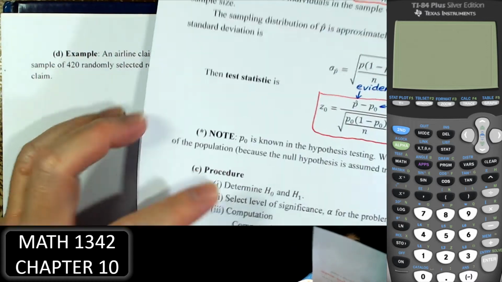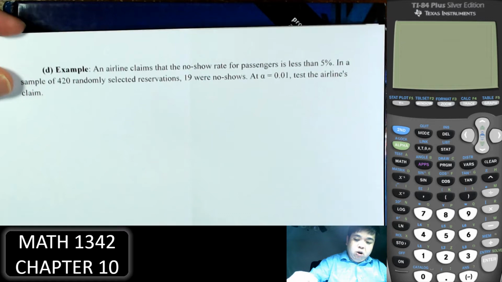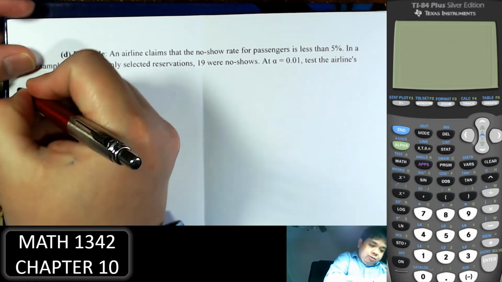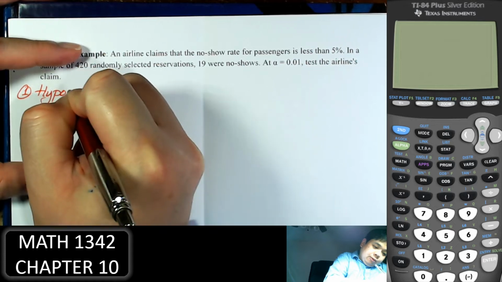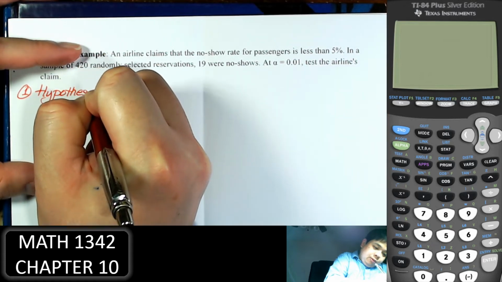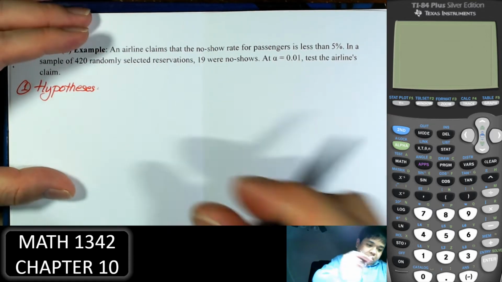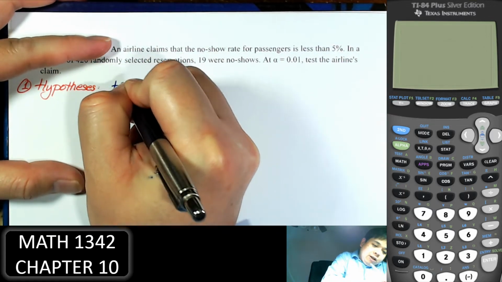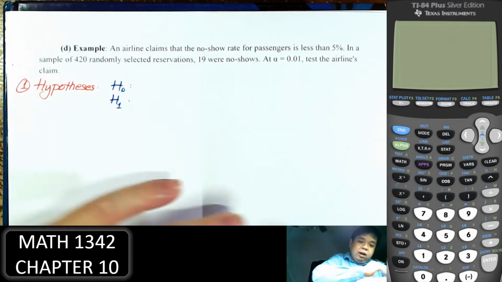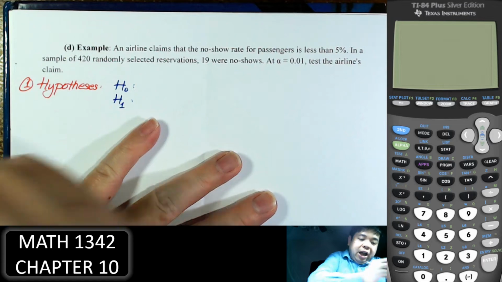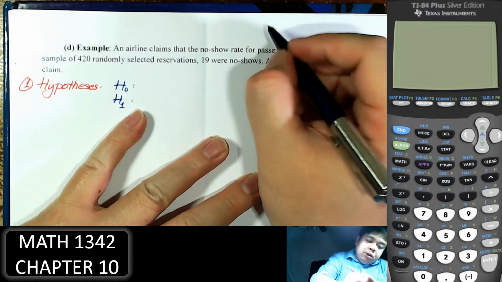The first step is determine the H0 and H1. So the step number 1, the hypothesis. This will be the same for both approaches. Determine the hypothesis. The airline claims that it is less than 5%, and that is the proportion.